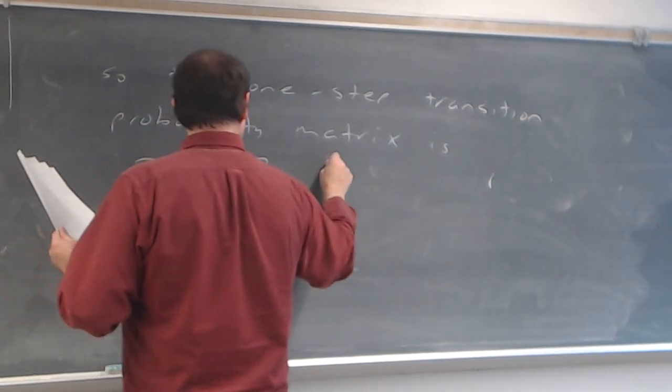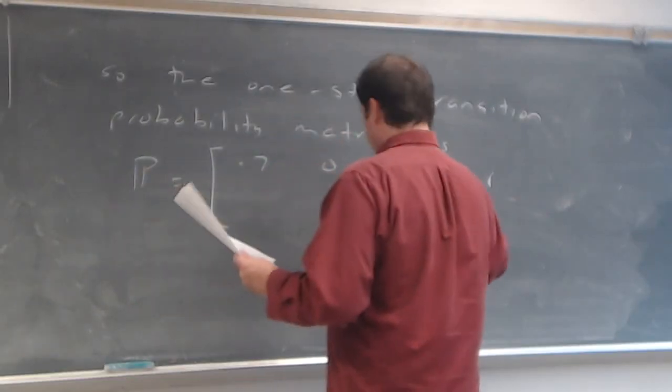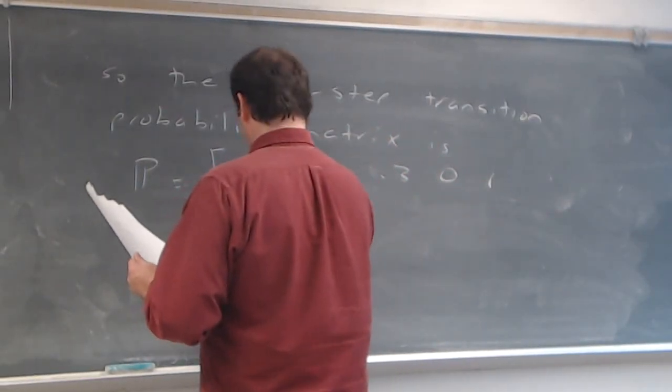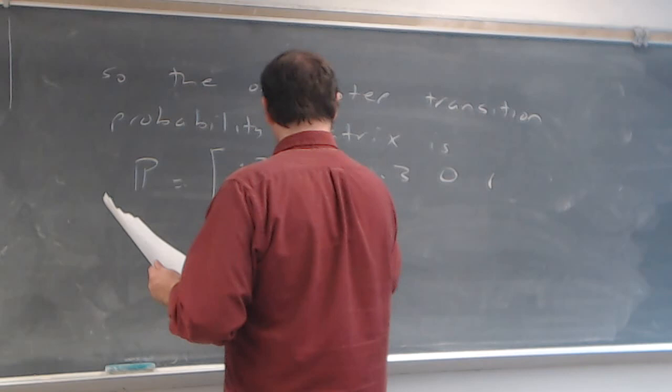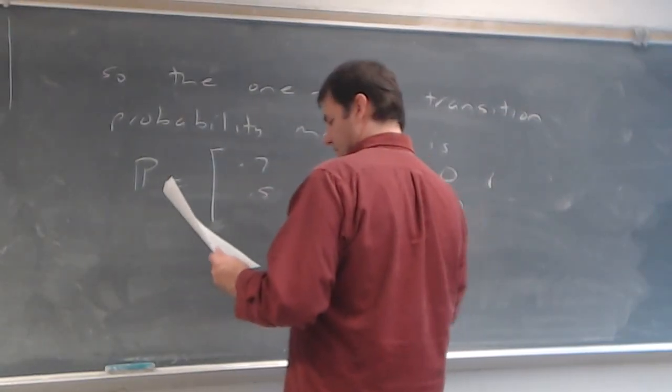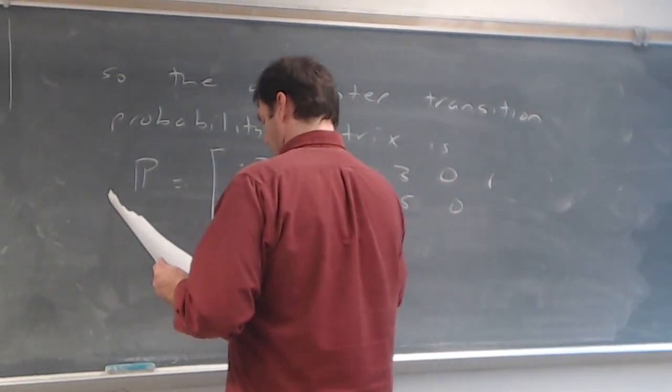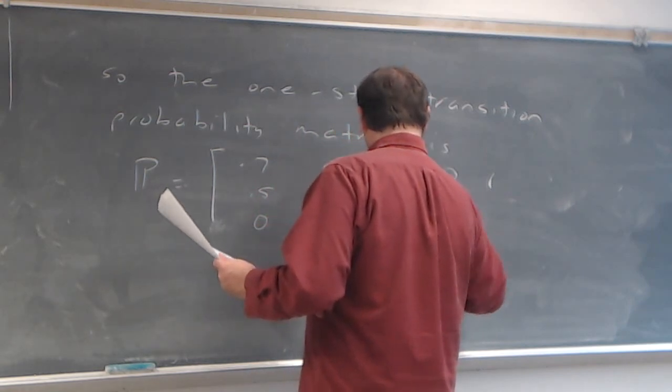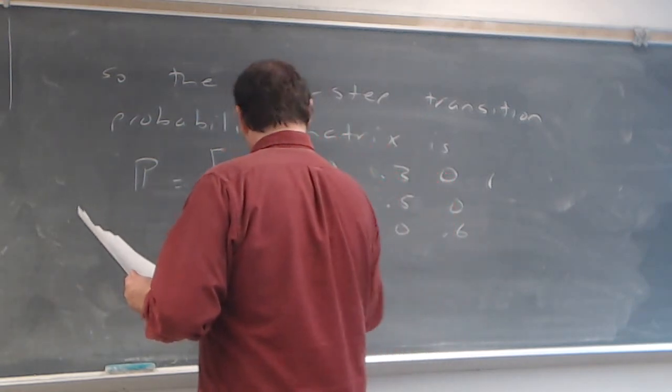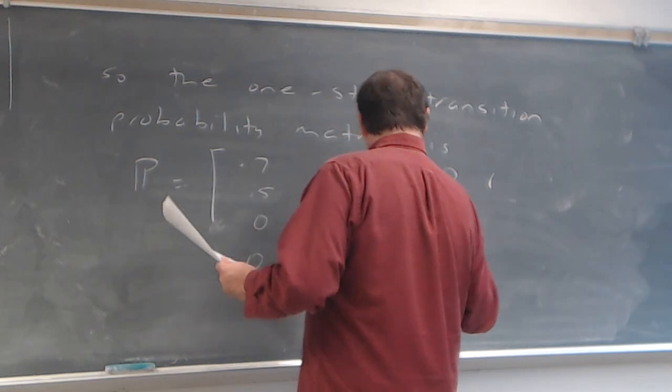It's 0.7, 0, 0.3, 0; 0.5, 0, 0.5, 0; 0, 0.4, 0, 0.6; and then finally 0, 0.2, 0, 0.8.